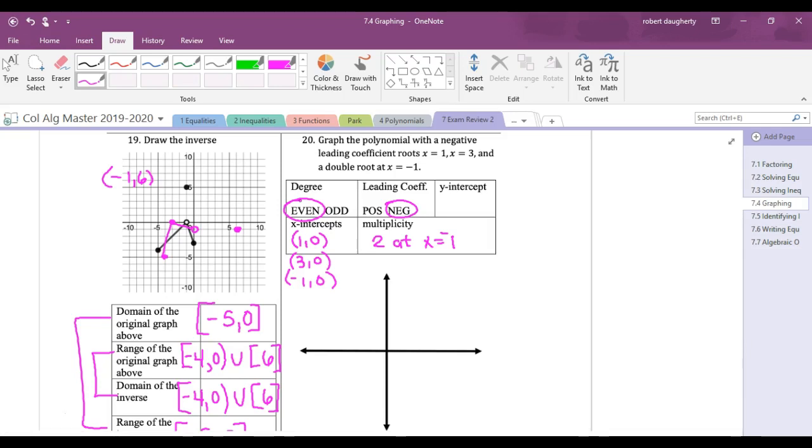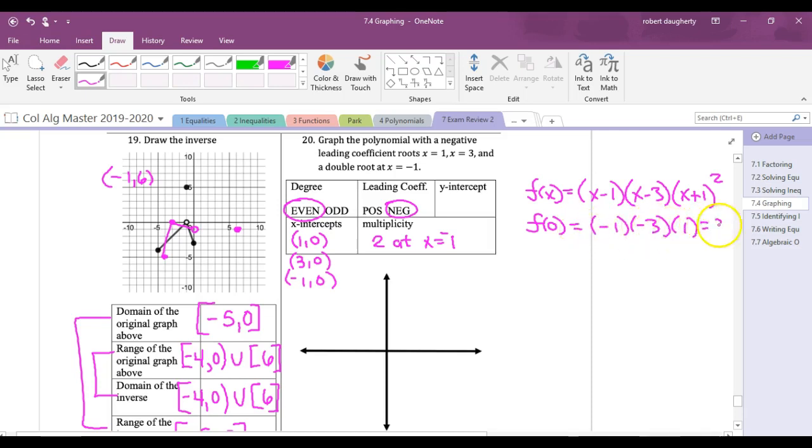What would be its y-intercept? So I know that this function has to look like something times (x - 1)(x - 3)(x + 1) squared. So f(0) has to equal -1 times -3 times 1, which is 3. So (0, 3) is a y-intercept.